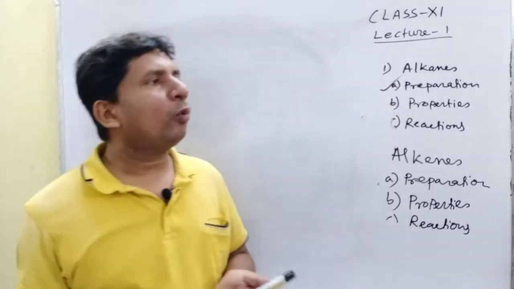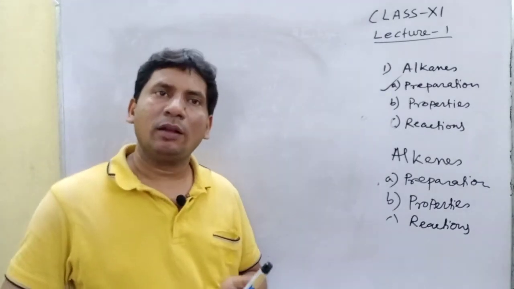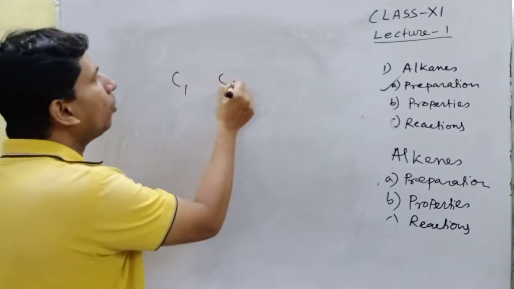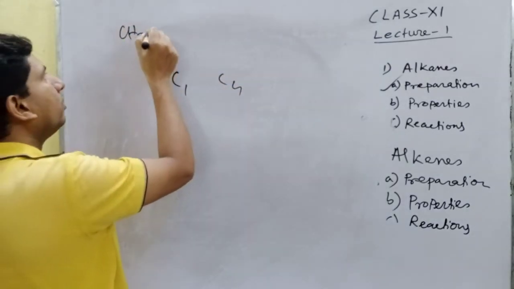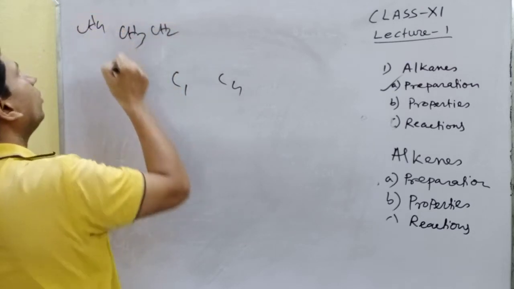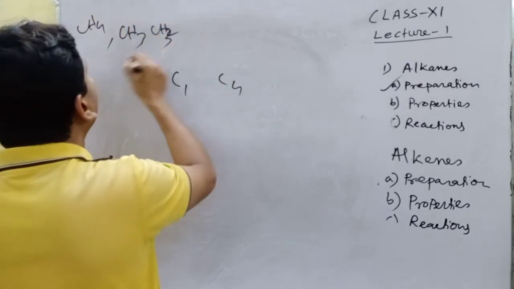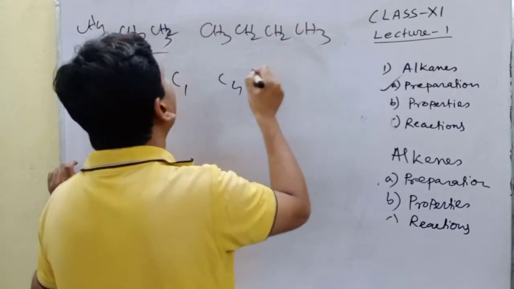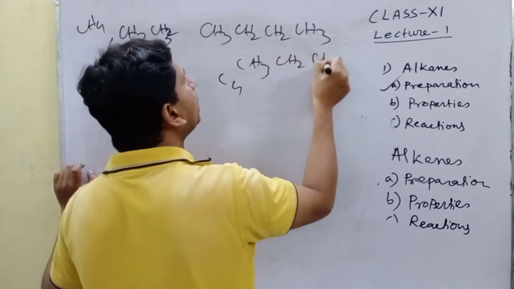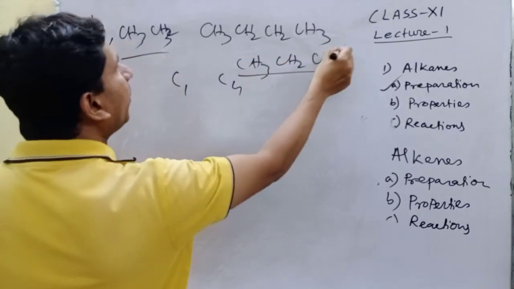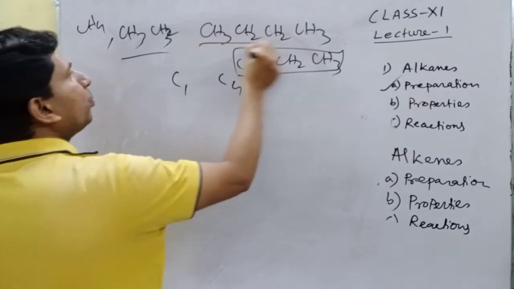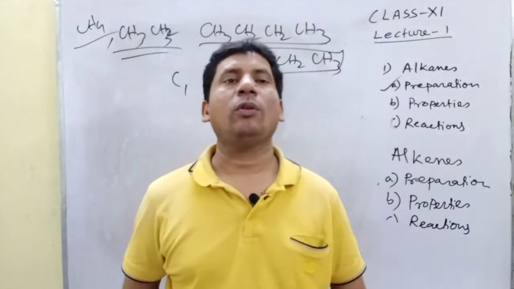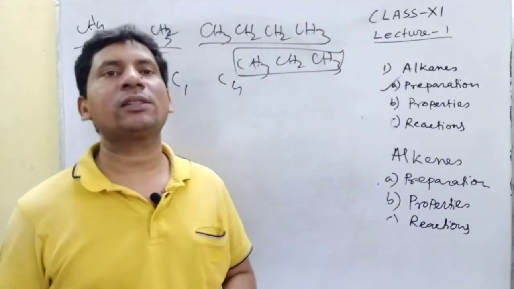Due to the presence of weak van der Waals force, the first 4 members, that means C1 to C4, CH4, CH3CH3, CH3CH2CH3, CH3CH2CH2CH3, that is a 1 member, 2 member, 3 member and 4 member chain, carbon 1 to 4, are gaseous.